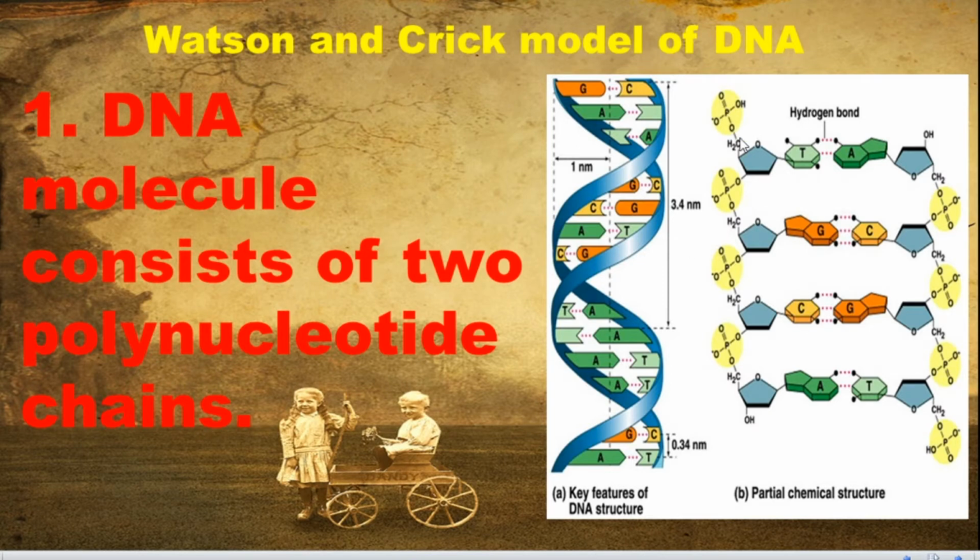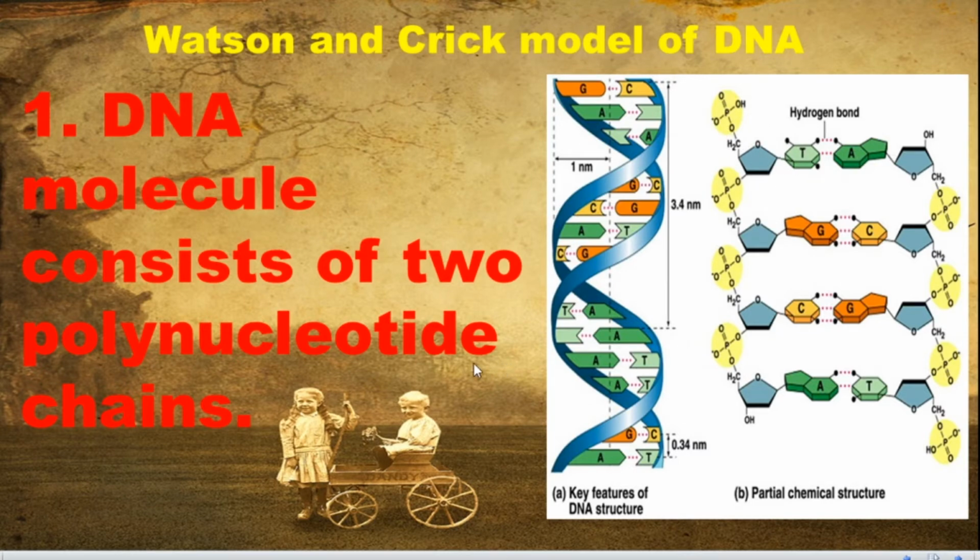This is nitrogenous bases, sugar and phosphate group, one chain. The other chain also has nitrogenous bases, sugar and phosphate. This is one of the polynucleotide chains and this is the other.